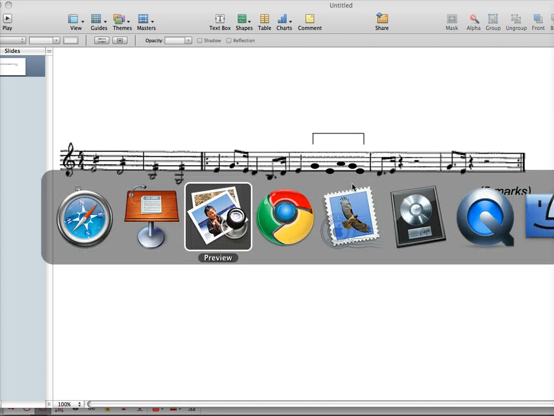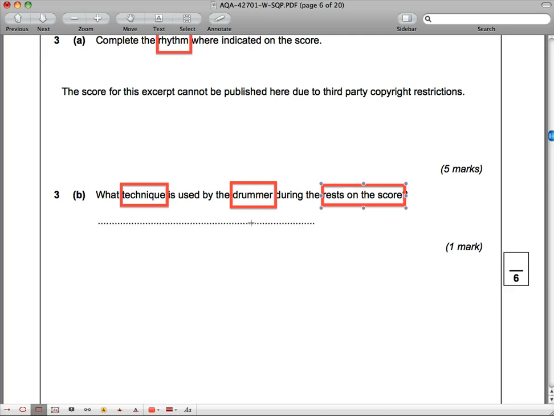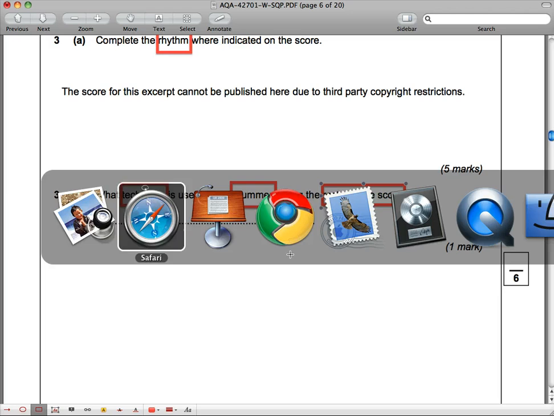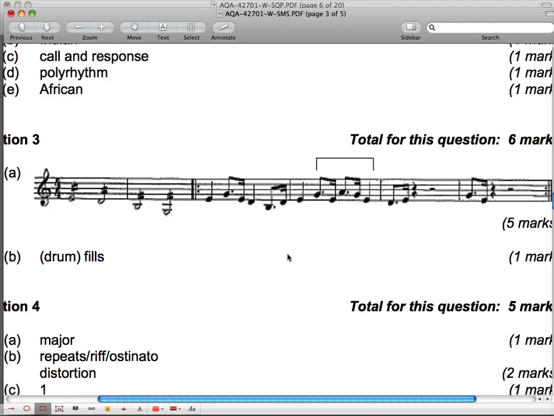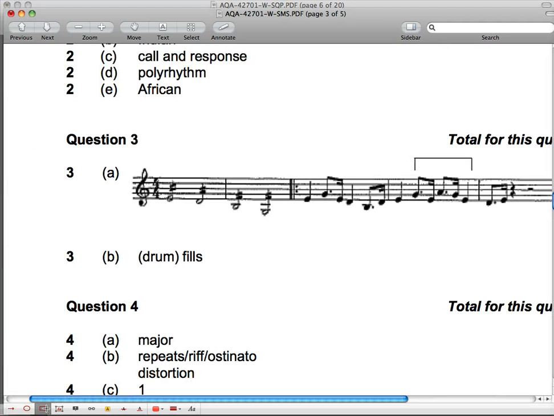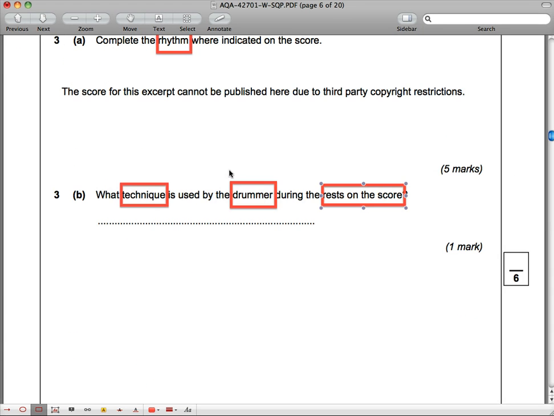It's effectively giving the drummer something to do there, a chance to show off. So it would be a safe guess that that's drum fills as the answer. And if we look on the mark scheme there, you can see again it says drum fills. So if we go back to the question paper, let's pop that in there as text, drum fills.